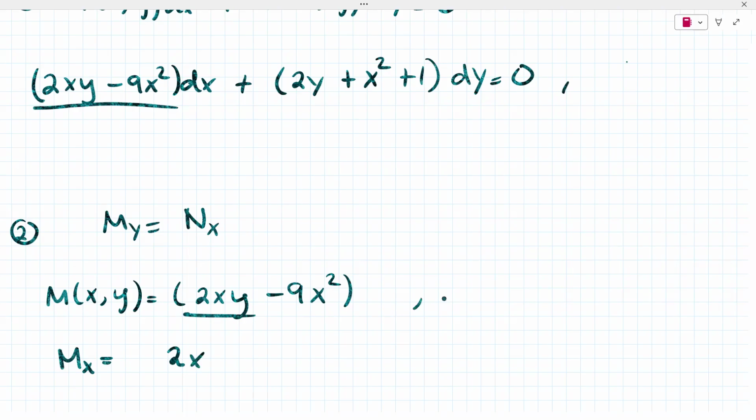And then the n of xy is 2y plus x squared plus 1.